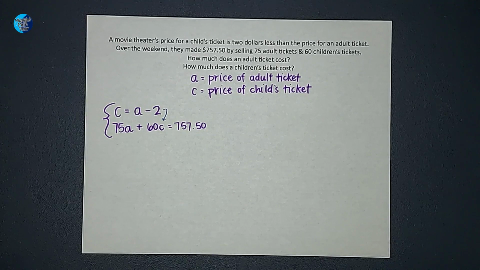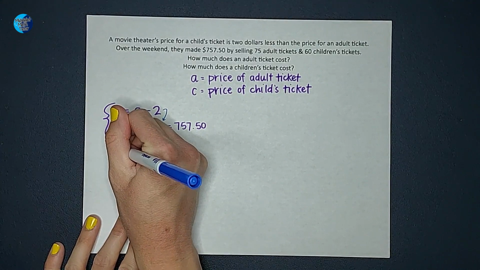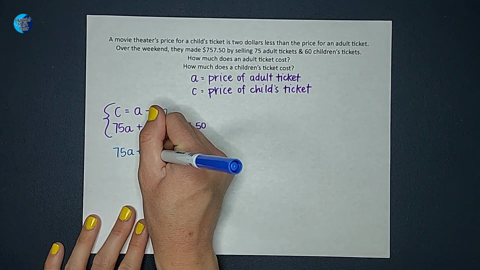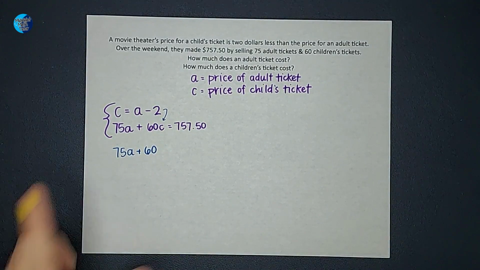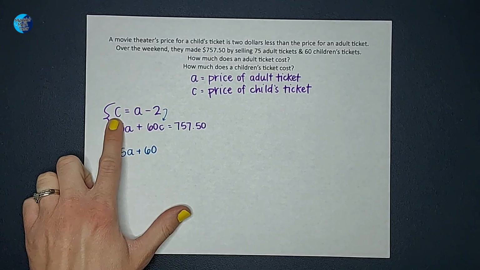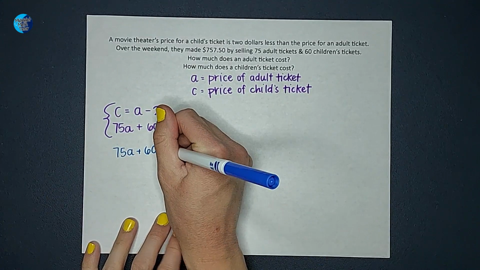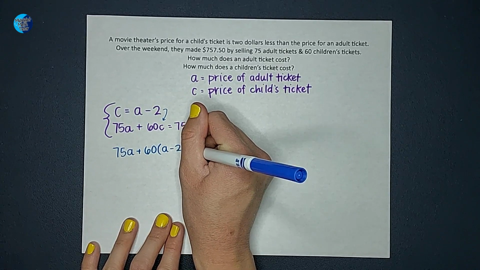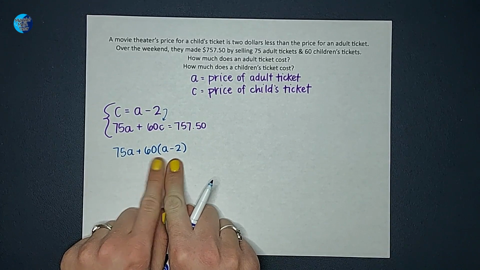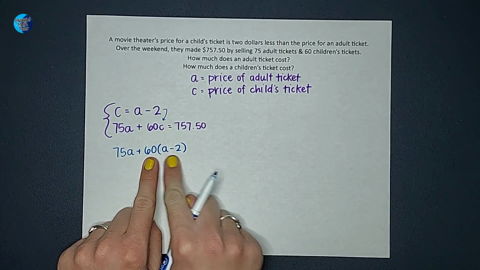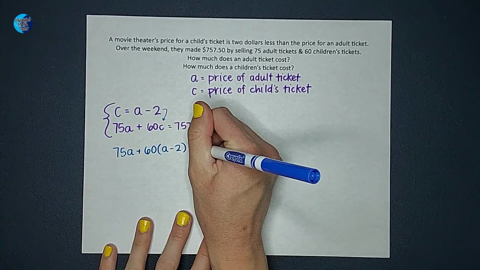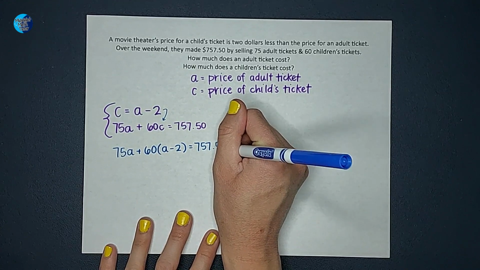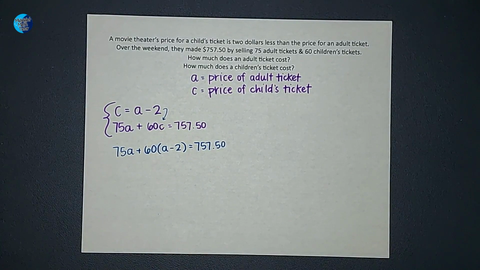And then I'm going to be able to solve for A. So I'm going to have 75A plus 60 times C. But remember, I'm not going to write C. C is equal to A minus 2. So I'm going to write A minus 2. I use the parentheses because I want to make sure that the 60 gets multiplied to both of them. And this is equal to 757.50. Now we can solve for A.